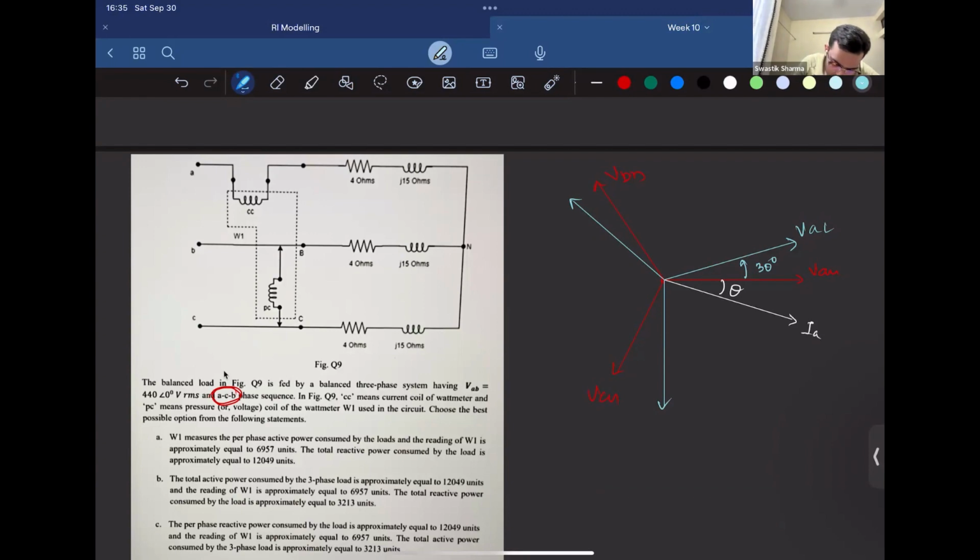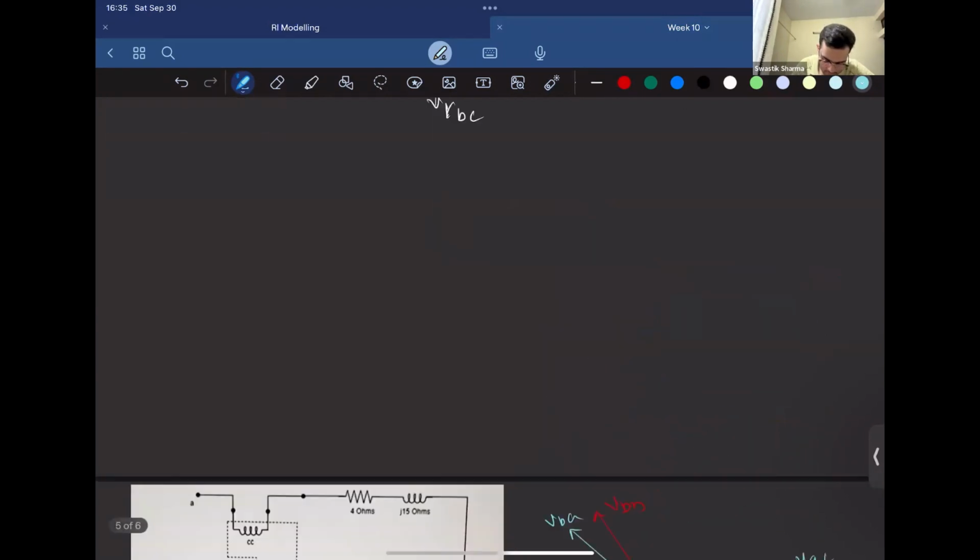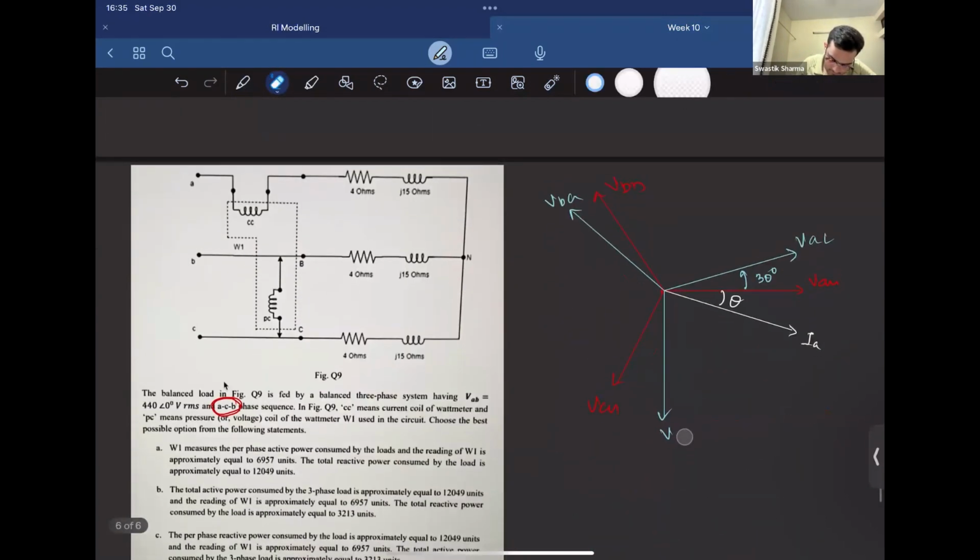What would be these individual quantities? So that's how these individual quantities would be. Sorry, this would be VBC.